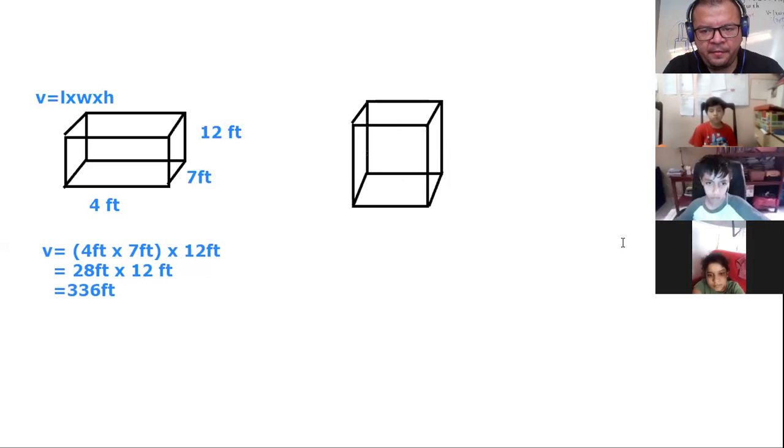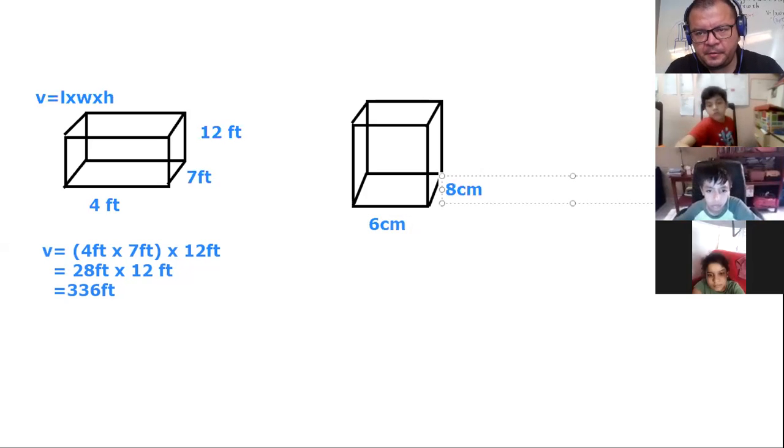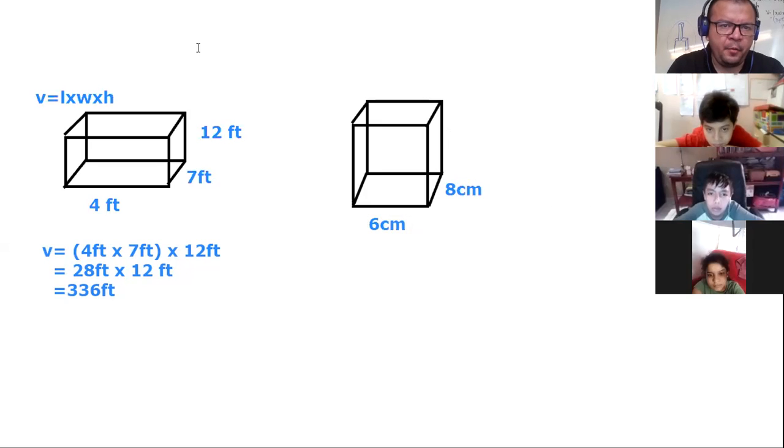In here I have, for example, 6 centimeters. In here I have 8 centimeters. And for my height, I have 15 centimeters.